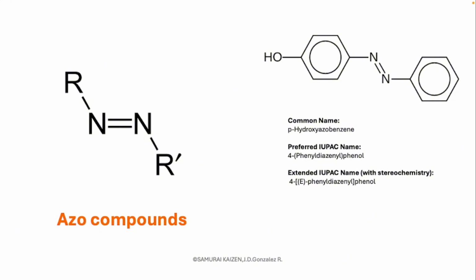Or with extended stereochemistry specifications it would be called 4-(E)-phenyldiazenylphenol. Okay, and well, we have the common name and the IUPAC name, IUPAC being the International Union of Pure and Applied Chemistry.